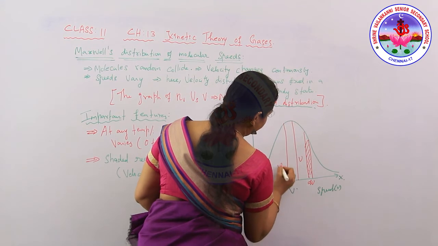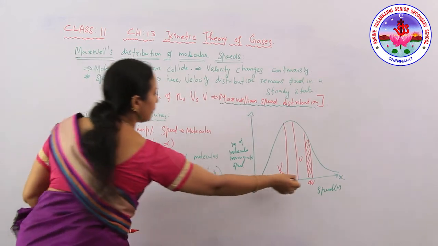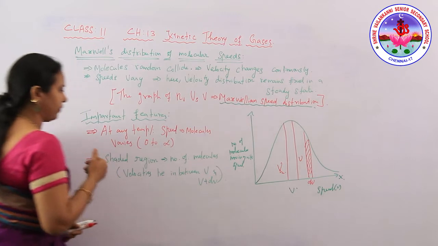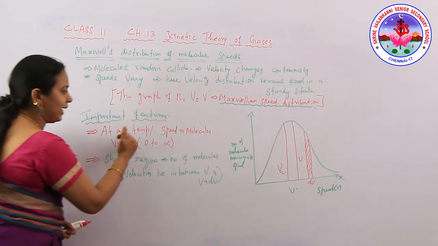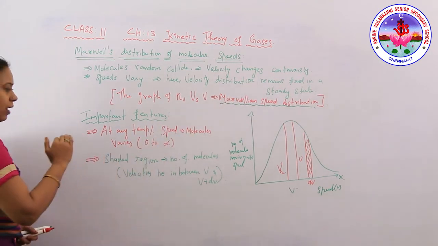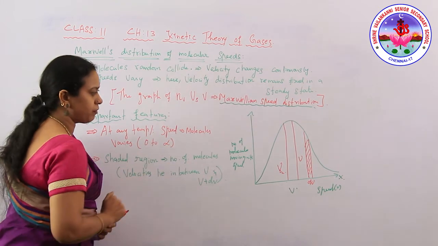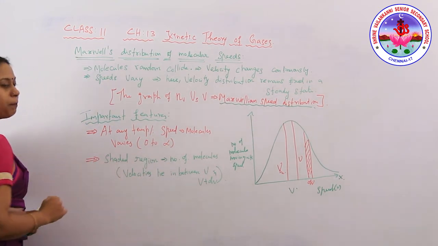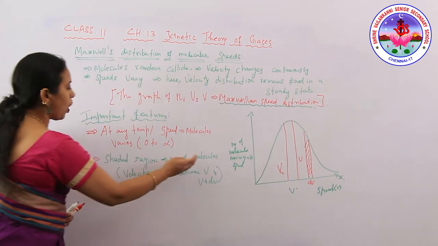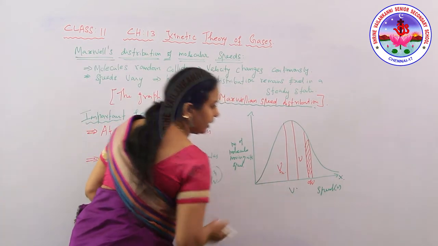The important features from this graph: at any temperature, the speed of the molecules varies from 0 to infinity. And the second point, the shaded part gives the number of molecules whose velocity lies between V and V plus dV.